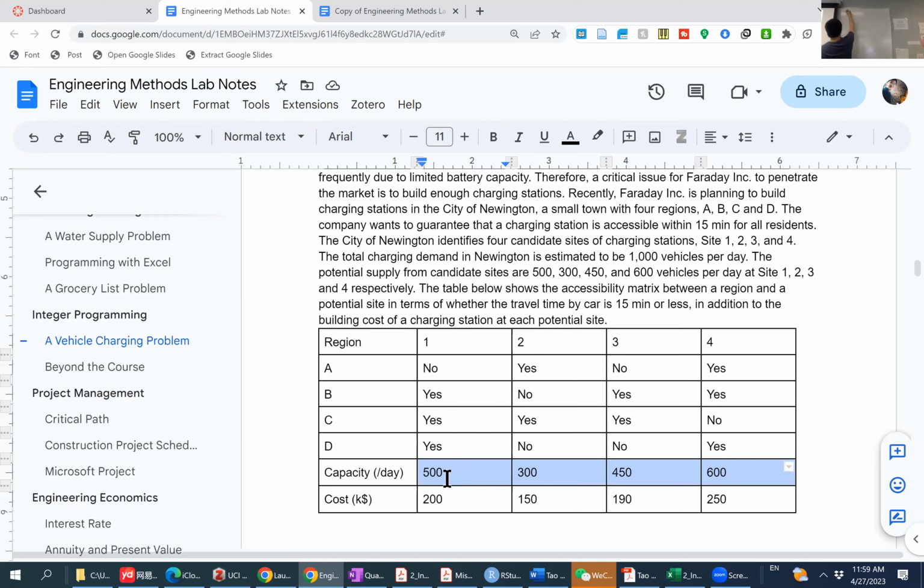So for this binary integer program, as demonstrated in earlier mathematical programming problems, the first step is that we want to extract parameters, which we already did in this table.